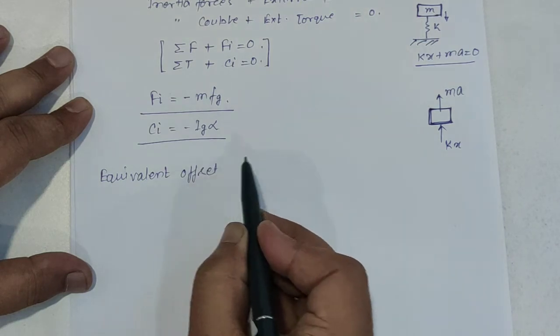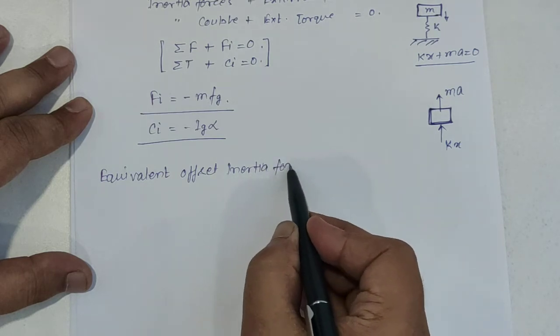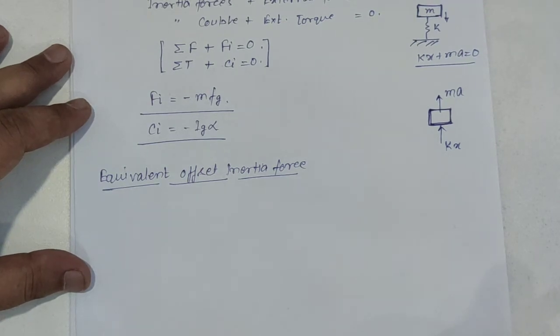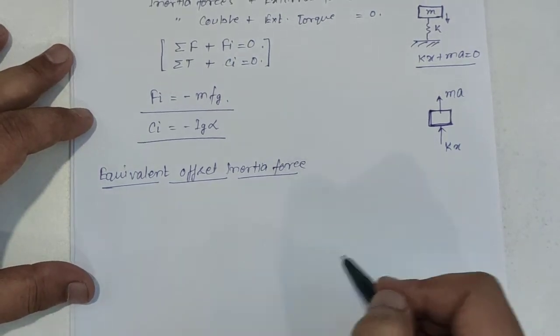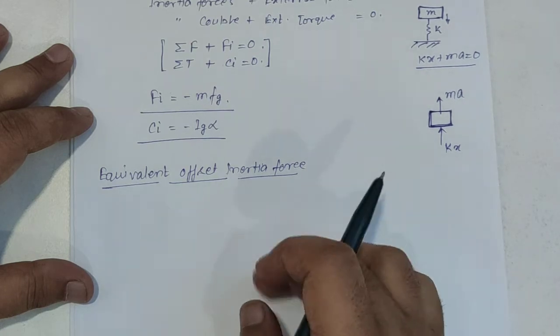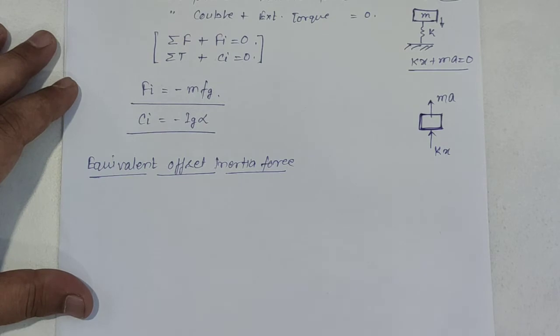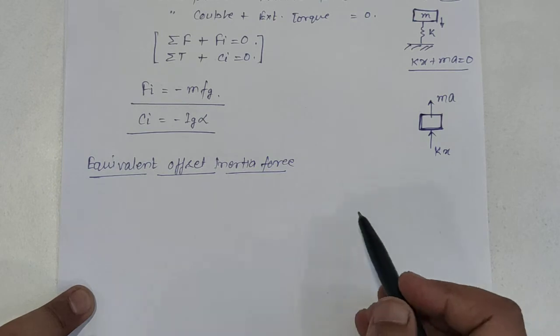In simple terms, equivalent offset inertia force is that in plane motion involving acceleration, the inertia force acts on a body through its center of mass. If we are having a plane motion, then the inertia force always acts through the center of mass of the body. If the body is acted upon by a force such that the resultant does not pass through the center of mass, a couple also acts on the body.